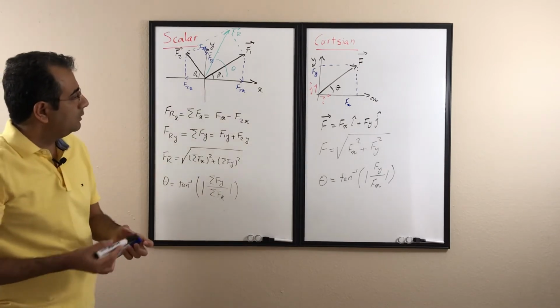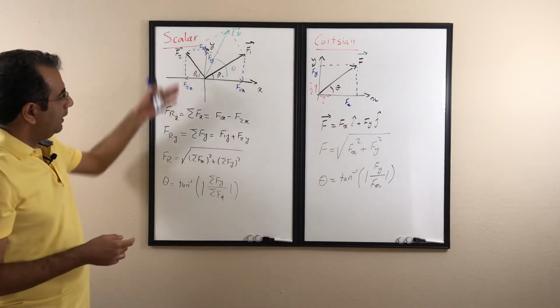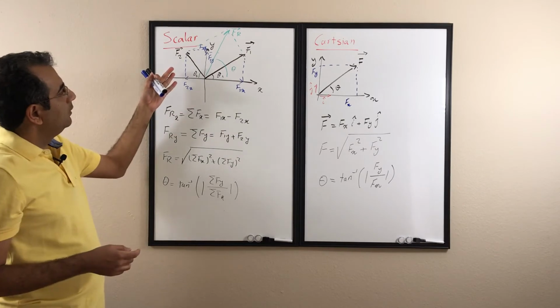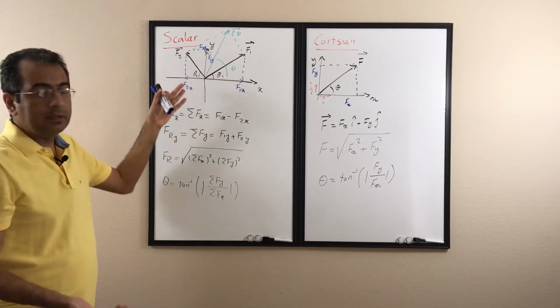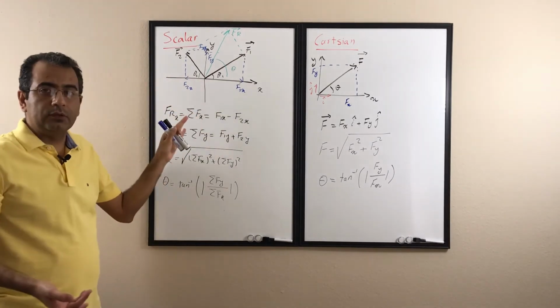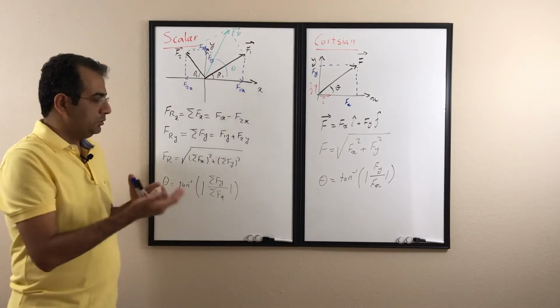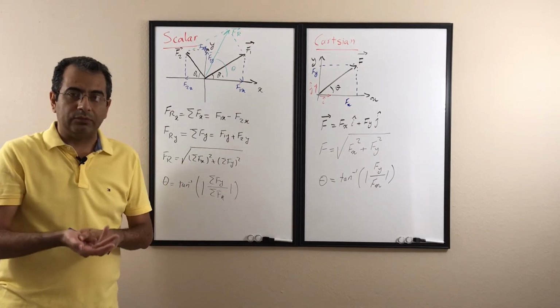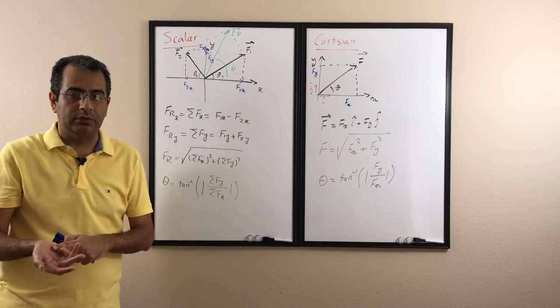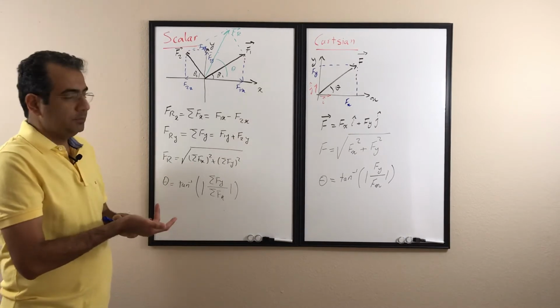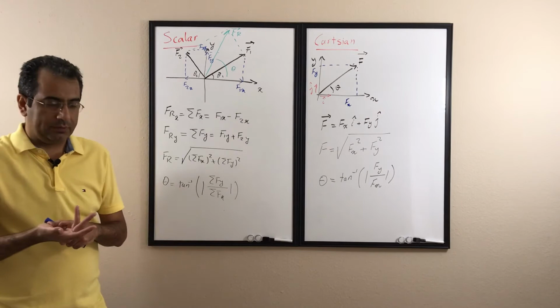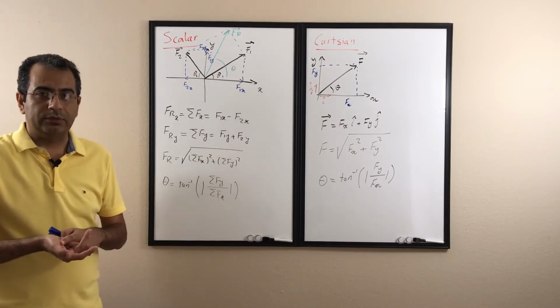So in simple words, the way we find the resultant force in scalar method: the first step, just find the component along x and y direction for each of the vectors. The second step, just add all the x components together and add all the y components together.